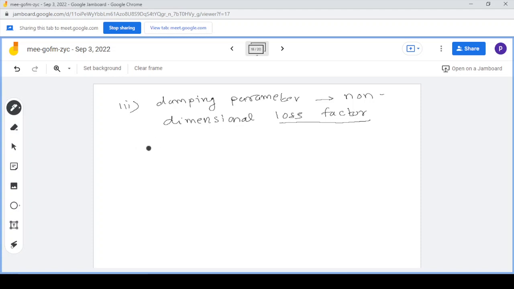So the non-dimensional loss factor is denoted by N2 of omega, such that N2 of omega is equal to K2I star of omega divided by K2R star of omega, where I and R refer respectively to imaginary and real parts.